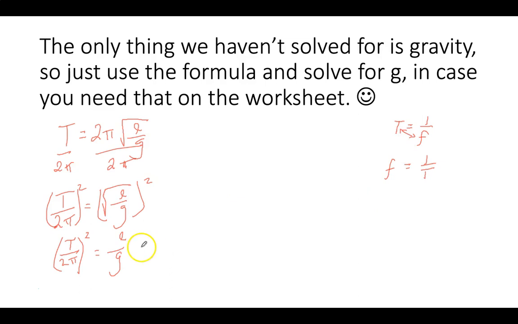You can use that same trick here. You can take this whole thing and just flip it with the bottom thing, like we did over here, and you'll get your answer for G. So G is equal to L over T over 2 pi, all squared.